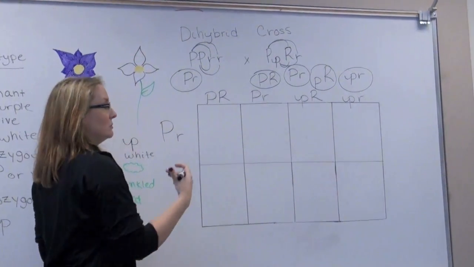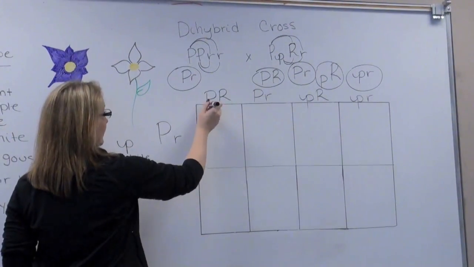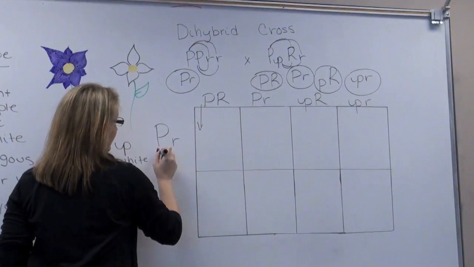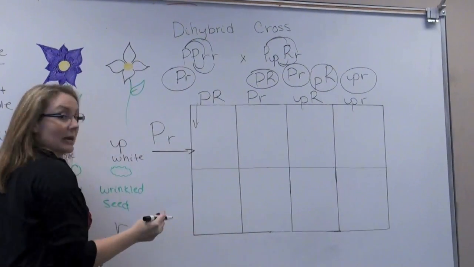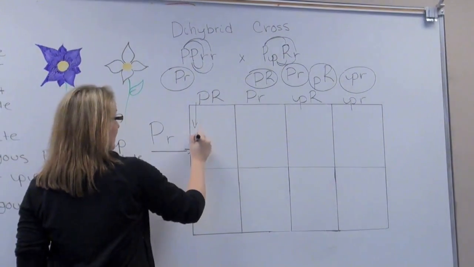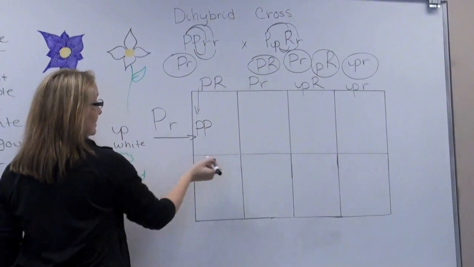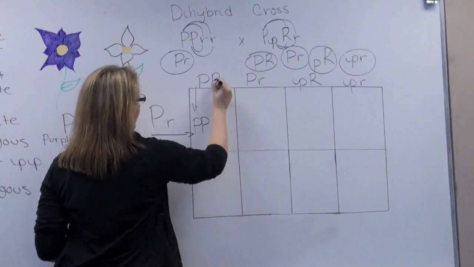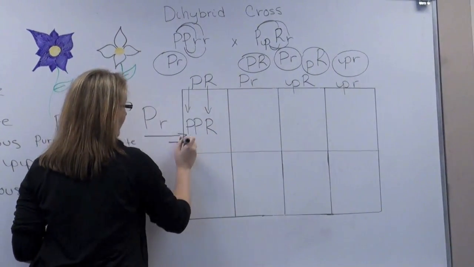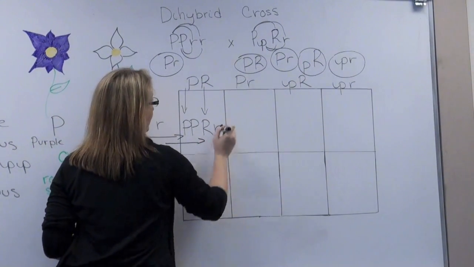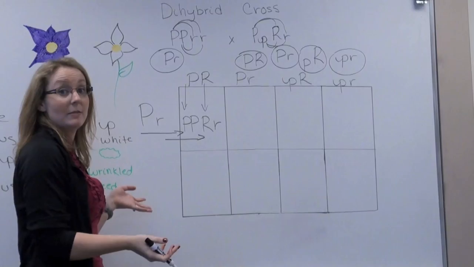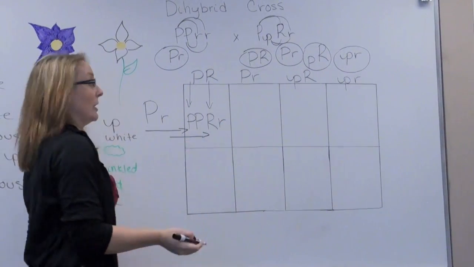And now we're going to do what we've done before, bring down and across each letter from each trait. Keep your P's together, so this will be capital P, and keep your R's together. Capital R, lowercase r. And continue to do the same thing for the rest of your Punnett square.